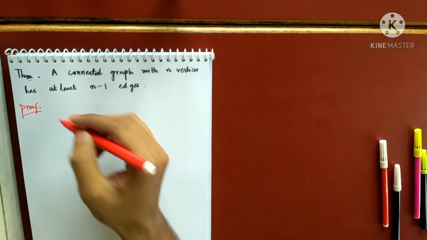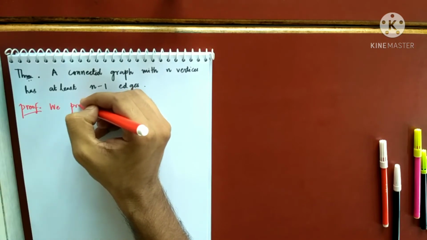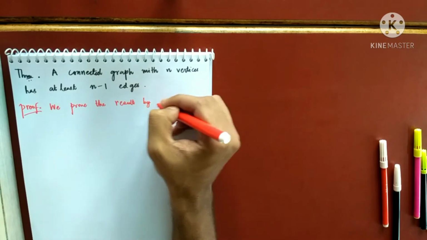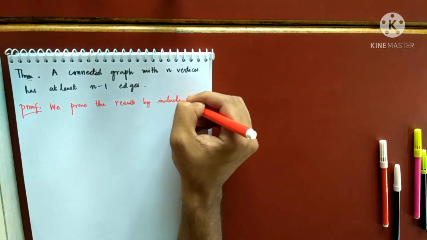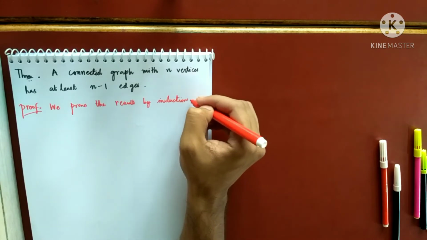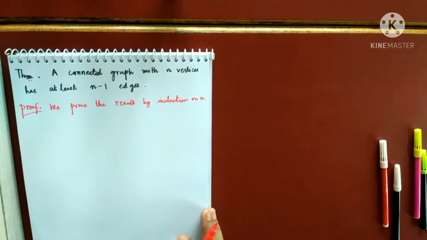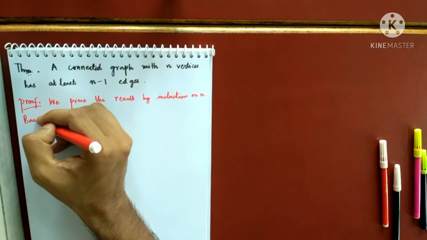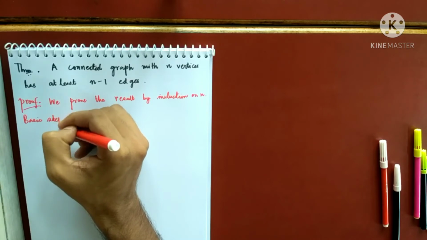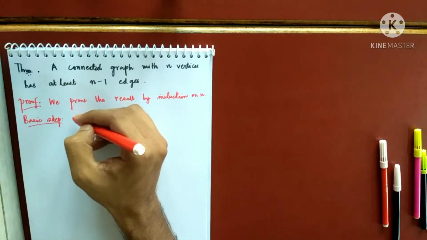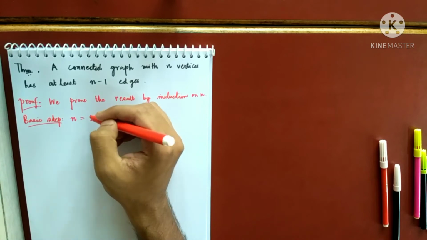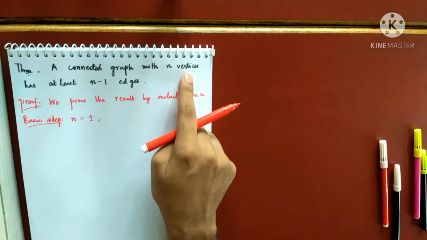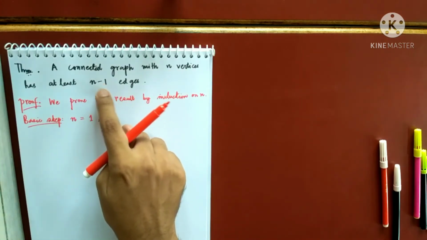We prove the result by induction on n. So the basic step we know. For the basic step we take n equals 1. Now you see, if my graph has one vertex, it will definitely have 0 edges.